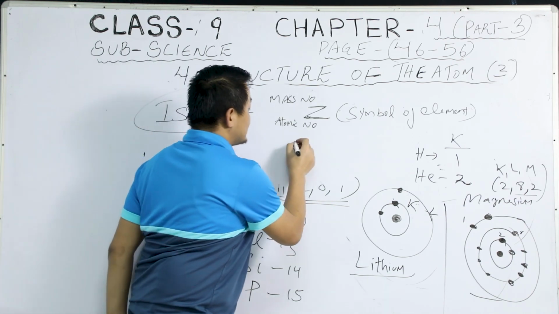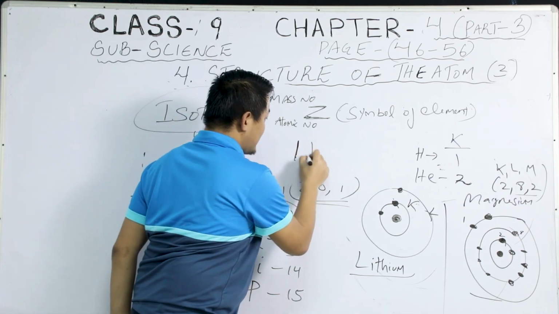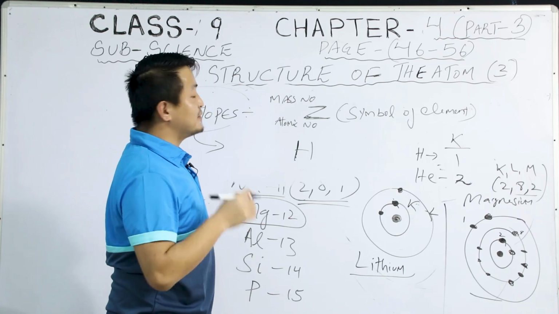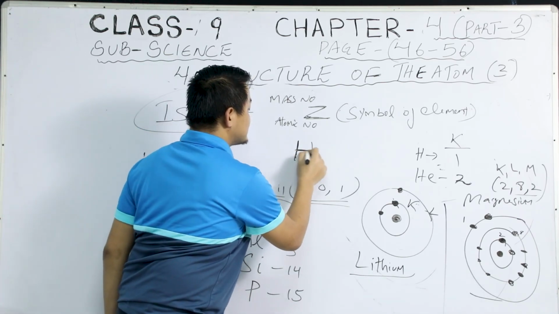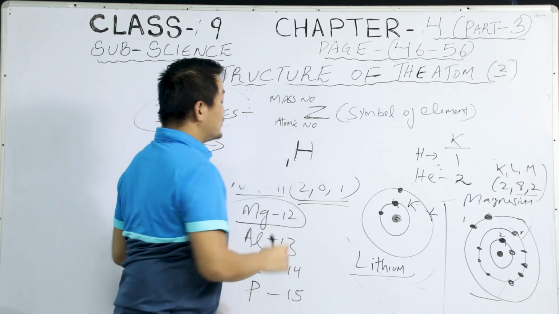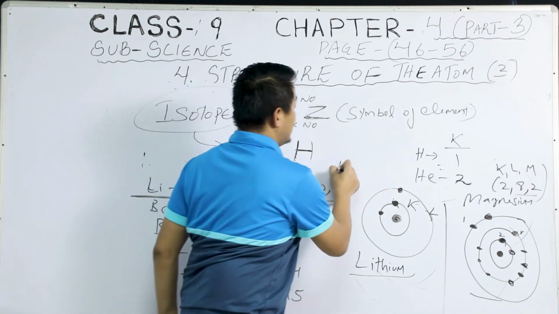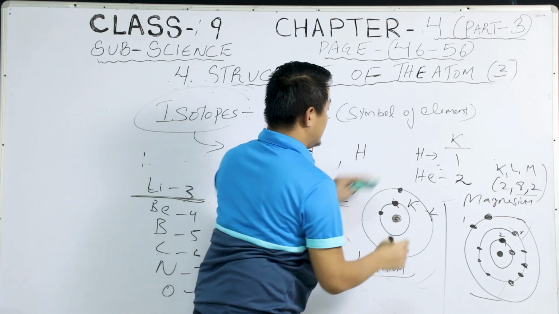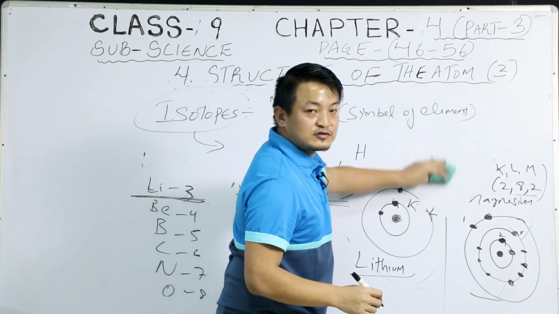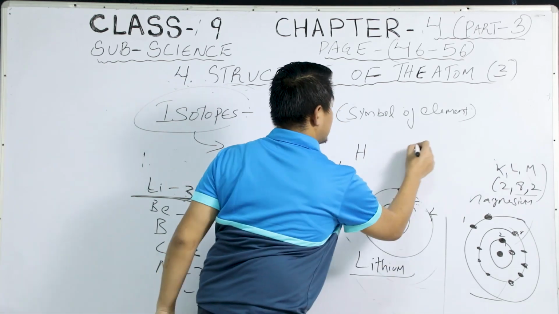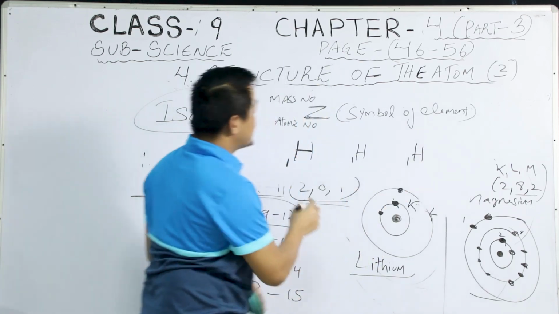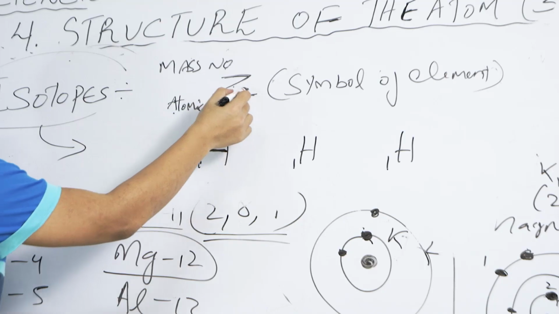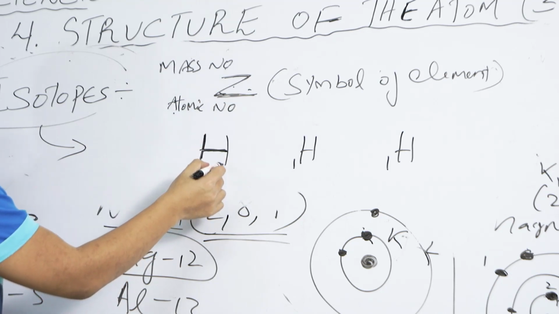Clear? Now, isotopes means having the same atomic number but the mass number is different. So, we have hydrogen. So, atomic number is 1, right? We have 3 isotopes of hydrogen, okay? See, the atomic number is same. This is the symbol of the element, hydrogen.